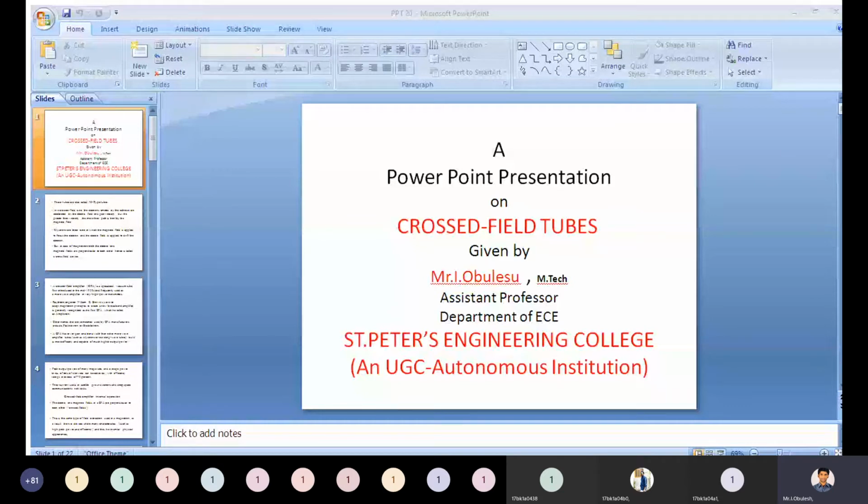They invented a valve that could produce multi-kilowatt pulses at 10 centimeter wavelength, an unprecedented achievement.